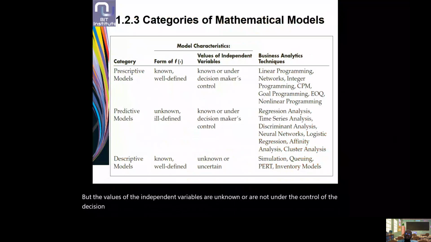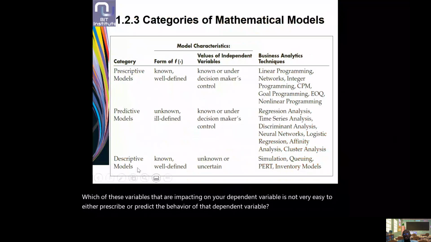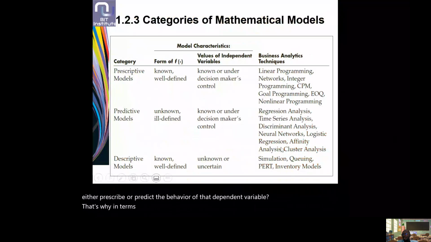So obviously, if you do not know which variables are impacting your dependent variable, it's not very easy to either prescribe or predict the behavior of that dependent variable. That's why descriptive models rely a lot on simulation, because you are uncertain about the values of the independent variable.